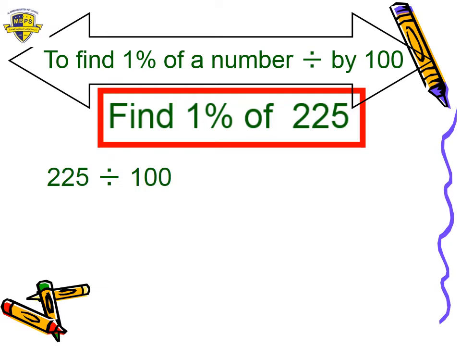Excellent. This is after 5. And when I divide by 100, I shift the decimal point 2 digits to the left because I want the number to be smaller. Okay? So shift it to the left 2 places. It will be between 2 and 2. So the answer will be 2.25.